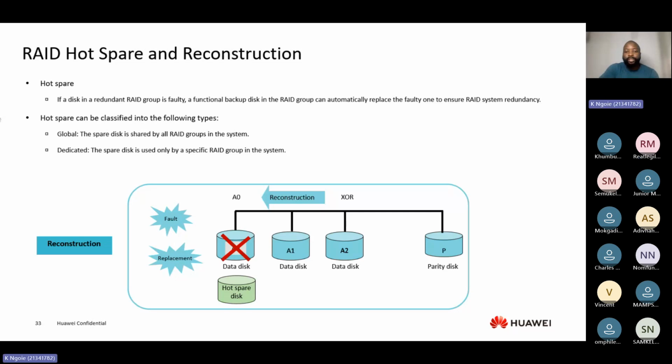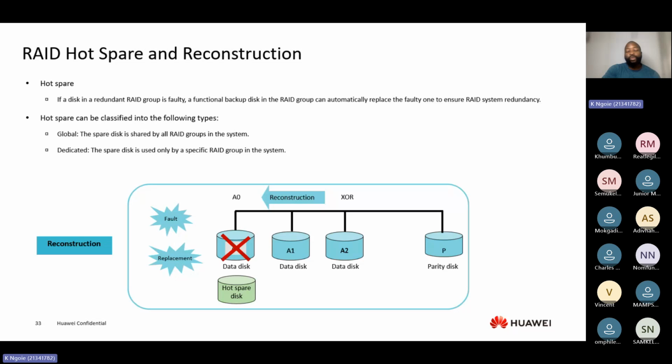Sir. Okay. Can a hot spare be shared among multiple RAID arrays? It depends. It's going to depend on the structure that was built for this disk, because you see here we have hot spares that are global, and then we have those that are dedicated.